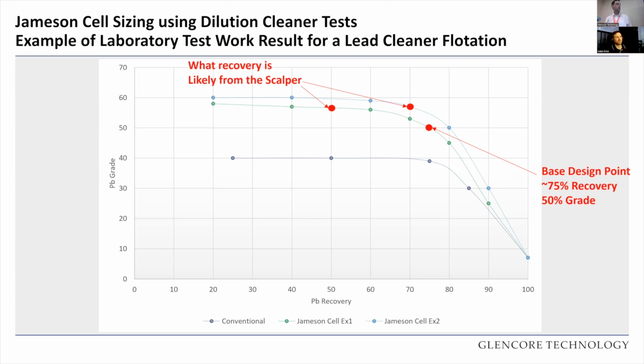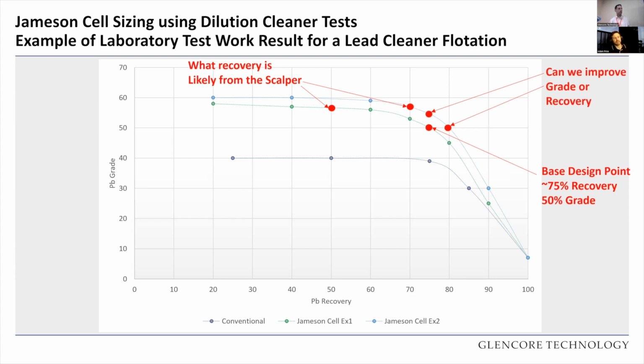So the key things we look at, again, are cleaner scalpers first and possibly what sort of recoveries they're going to achieve. In this case, you may be looking at the 50 or 70% mark, which is what you would be hoping to achieve in a scalper if you're utilising our conventional Jameson Cell cleaner flow sheet. This is obviously targeting that clearly liberated, easy floating material and should produce the bulk of the final concentrate.